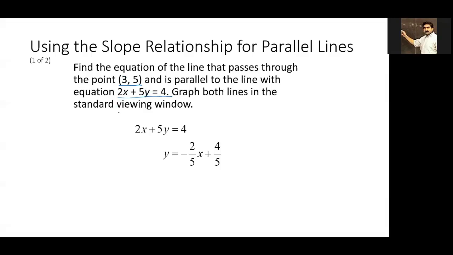To find the slope of any line, the best way would be to simply solve for y. Once I get it into the form y is equal to mx plus b, the coefficient of x would be your slope. So the slope of the reference line, the parallel line, would be minus 2 over 5. That's the same slope as my line. So my line also has the same slope of minus 2 over 5.